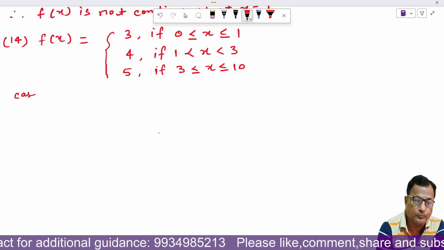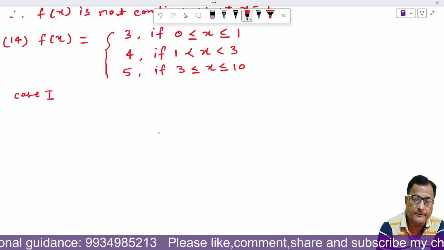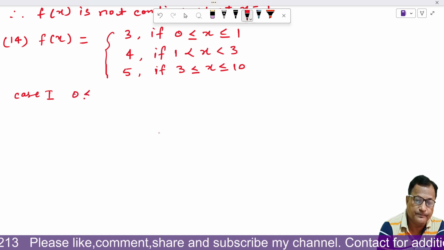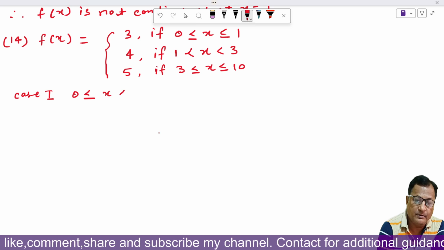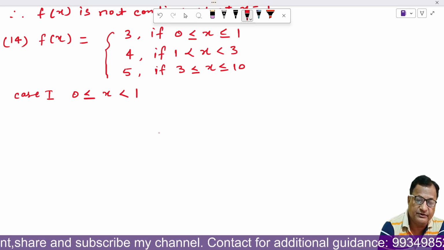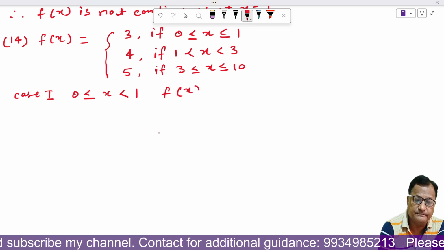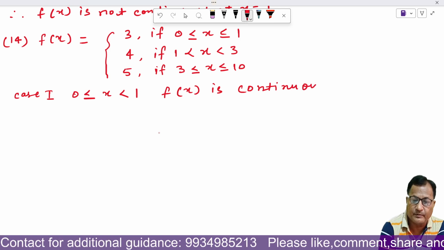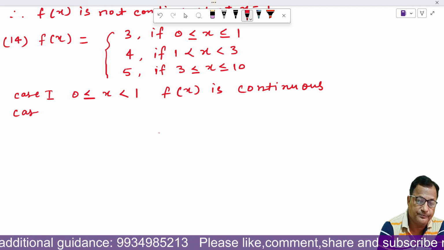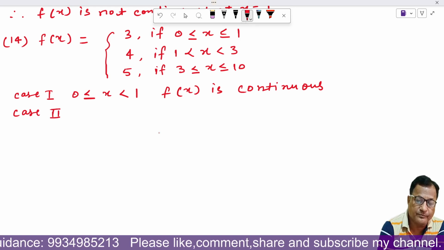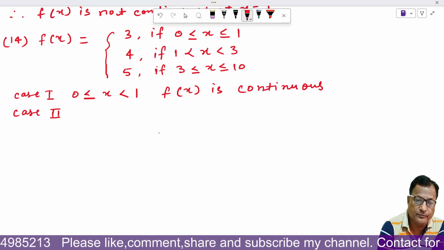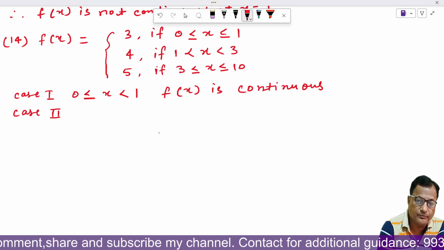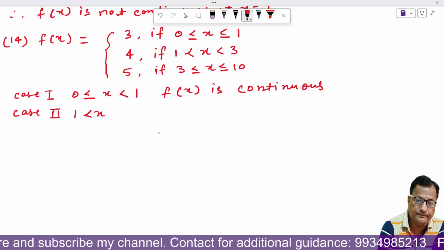Case 1. 0 less than x less than 1. In this case, f(x) is continuous. Case 2. 1 less than x less than 3.